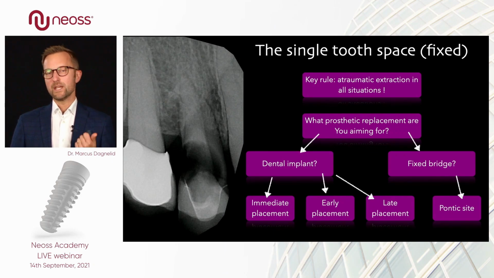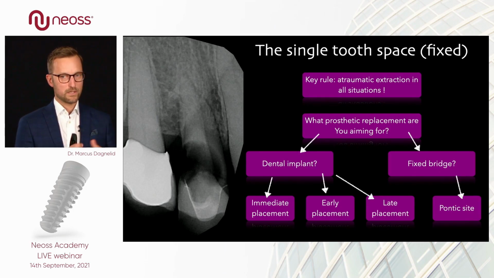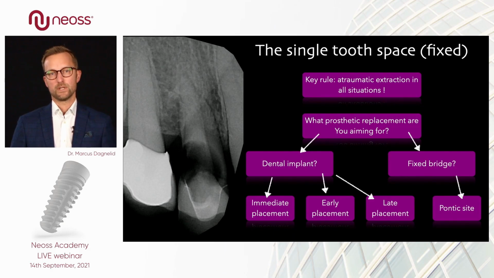Now, of course, the key rule here is that you do the extraction atraumatically in every situation and clinical case. That means, of course, when it's a molar, you section out the roots. You make sure that you don't traumatize the surrounding tissues. So we're not going to go into all the techniques today, but this is, of course, important to stress before we start doing the ridge preservation.